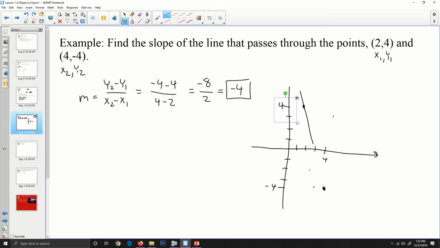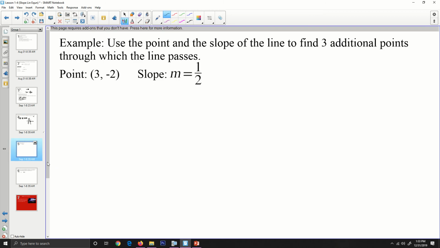If I talk about the line that connects those 2 points, clearly that thing is going to have a fairly steep and negative slope. All right, next it says use the point and the slope to find 3 additional points through which this line passes.